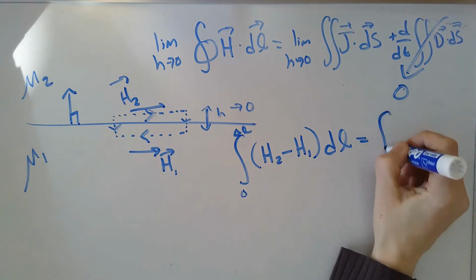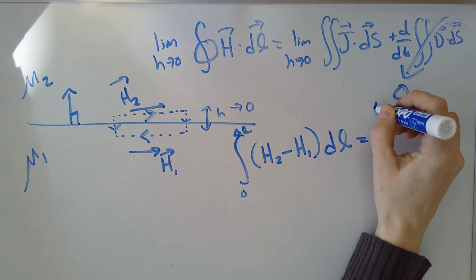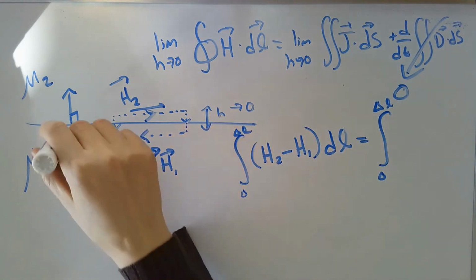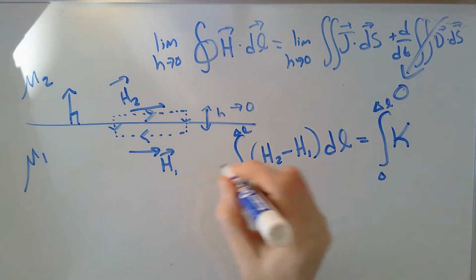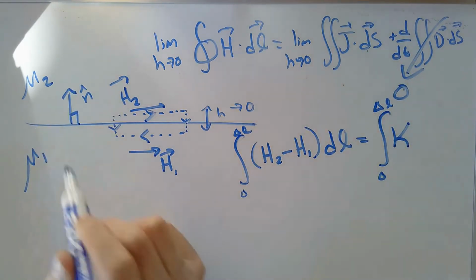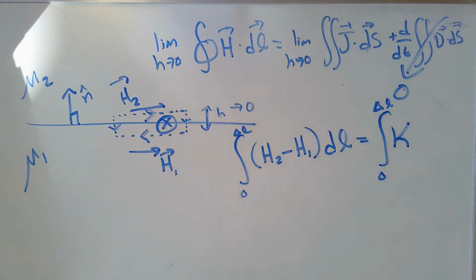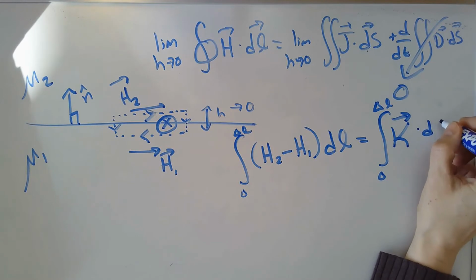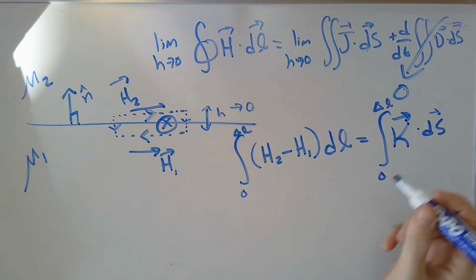And on the other side, we end up with the integral from 0 to delta L of K dot ds. This ds does not point in the surface normal vector direction, it points into the board the way I've drawn it, so it's lying on the surface. So K dot ds that way is just going to be K dl.